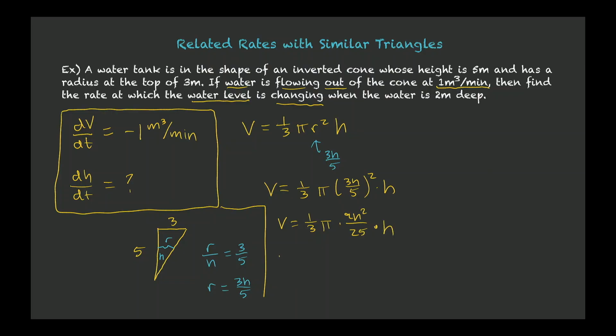And if we multiply all these numbers out, we'll end up with 3 over 25 pi, and then multiplying our h's, h cubed. So there's an equation that relates together the only things that they ask about or care about in this problem that are changing, volume and height.